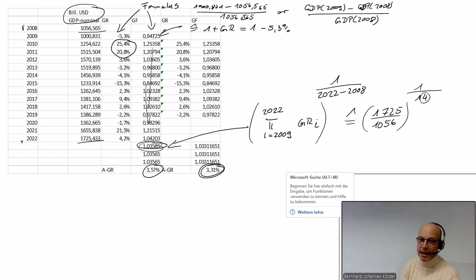Remember the lecture I provided you. For a developed country, we would expect a real growth of 1, 2, 3, maybe 4% in good times. Here we have nominal data, so roughly we have to add inflation, price development. But in a highly developed country, we would not expect an inflation rate of 20%.